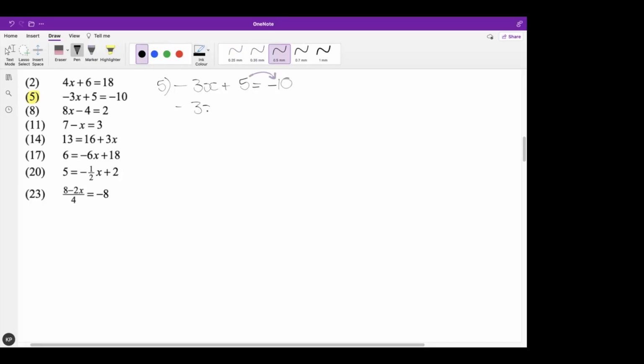So then I have a negative 3x is equal to negative 10 minus the 5 that I've just brought over. So then negative 3x will be, what's negative 10 minus 5? Nice, negative 15. To get x on its own, I have to divide both sides by negative 3. Therefore, these will cancel. X is equal to a negative and a negative, positive 5.